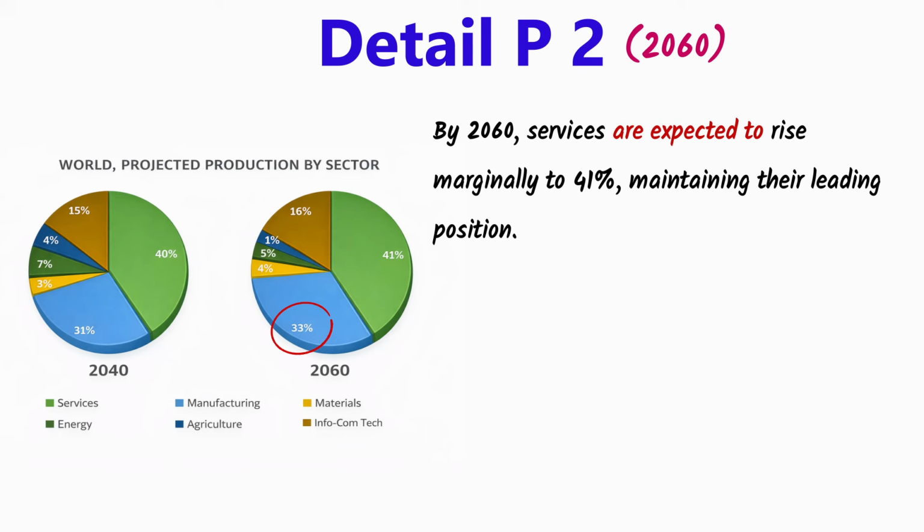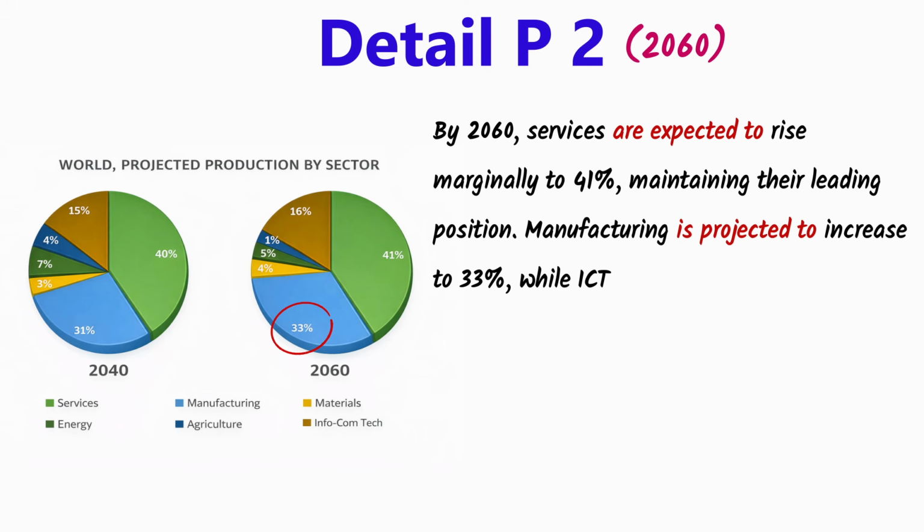So as you can see, manufacturing is projected to increase from 31 to 33%. All right. Manufacturing is projected to increase to what? To 33%, while ICT will grow slightly to 16%.